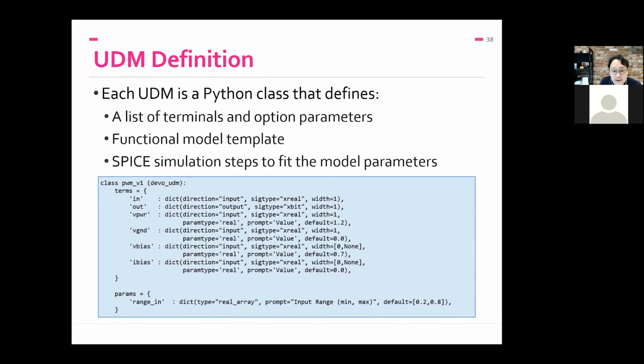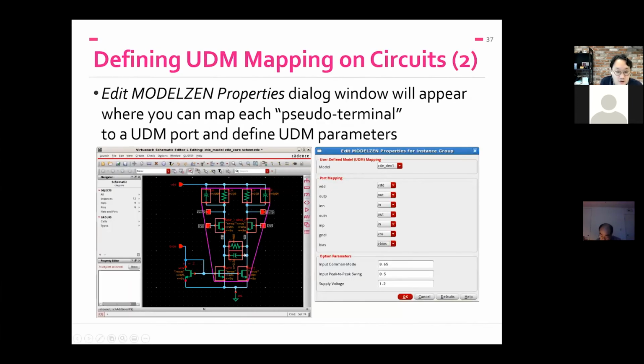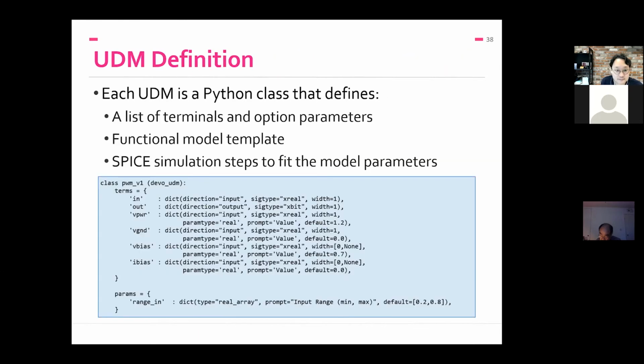It could describe an amplifier, or a voltage source with a finite output impedance. And lastly, the set of necessary SPICE simulation steps to fit the parameters used by the model. With these steps defined, now you can map those UDMs to the parts of the circuit, and you can generate the functional model for those parts.